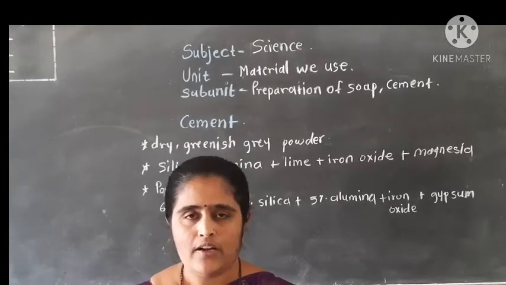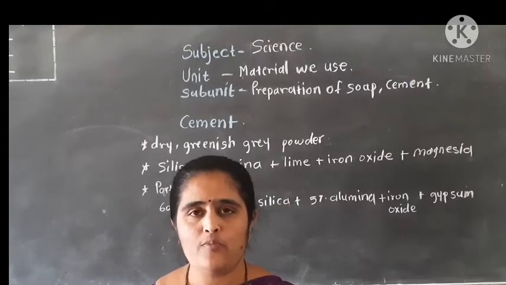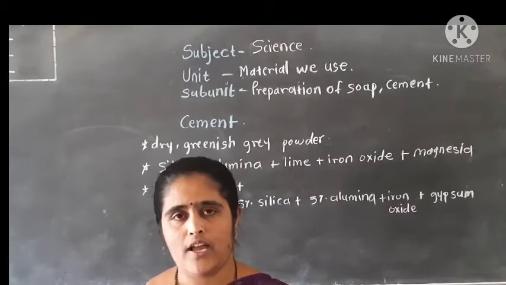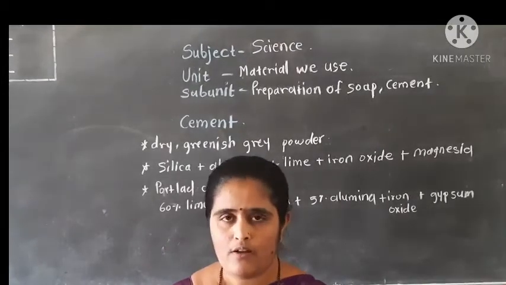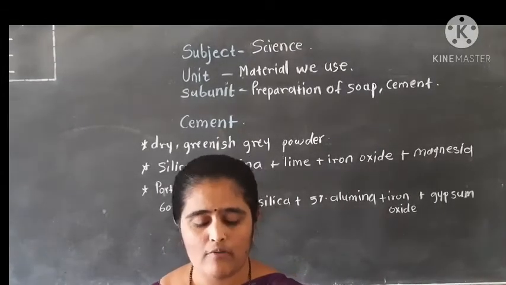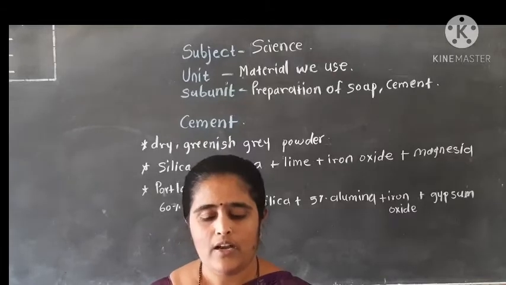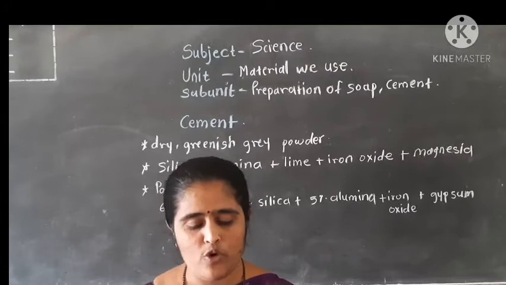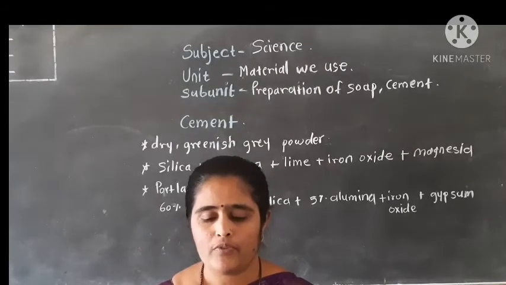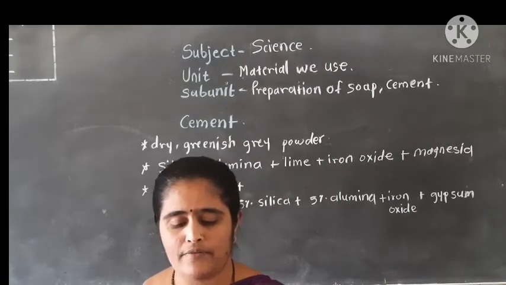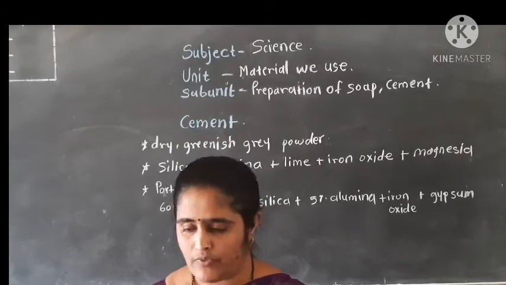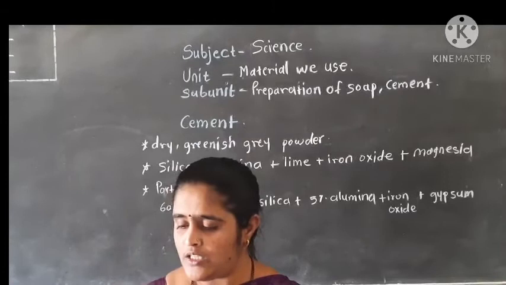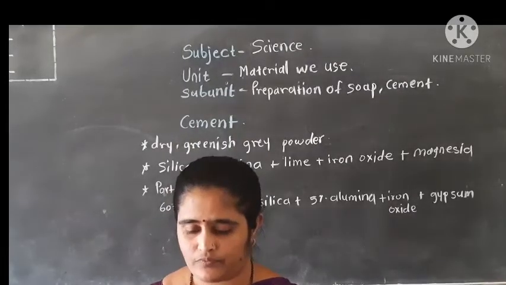Next point is, natural detergents do not pollute our water bodies, but man-made detergents easily pollute our water bodies. In the last point, you have to write some examples of natural detergents and man-made detergents. For example, soap nut and soap pod, and for man-made detergents, different synthetic detergents. Okay, likewise we have to solve question number 3, B, C and D.